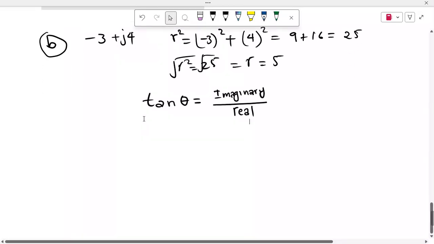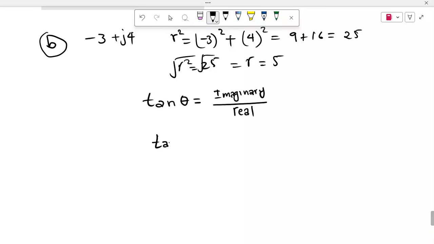So tan theta equals imaginary part, 4, over real part, negative 3. Okay? So you quickly punch. So for this, theta is tan inverse of 4 over negative 3. So moment I punch, tan inverse of negative 4 over 3.